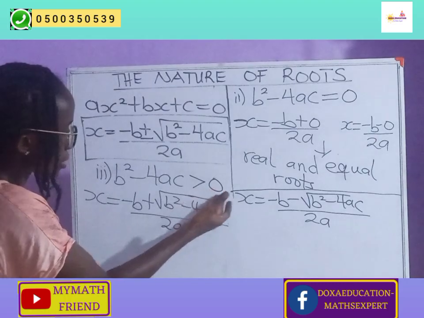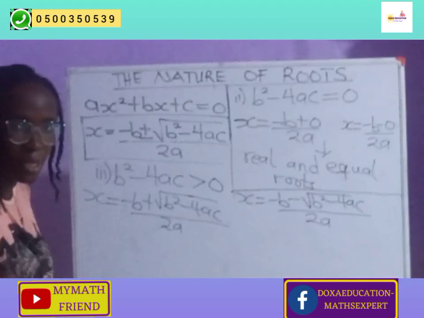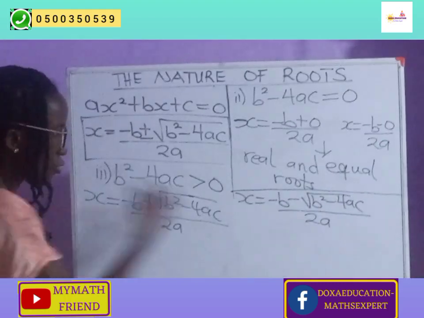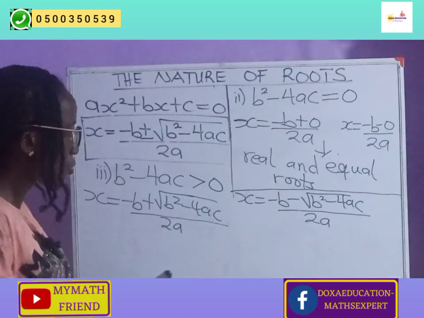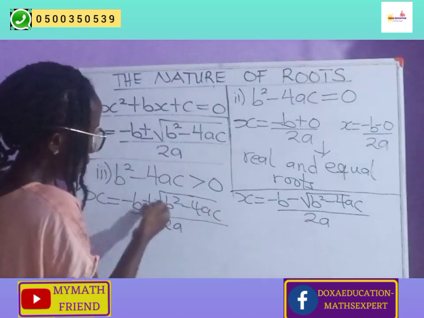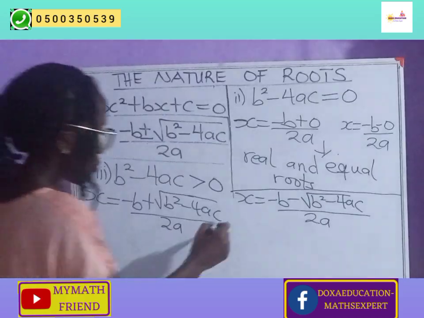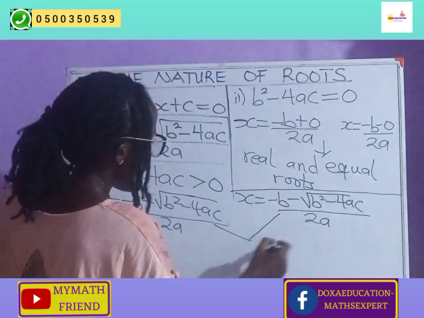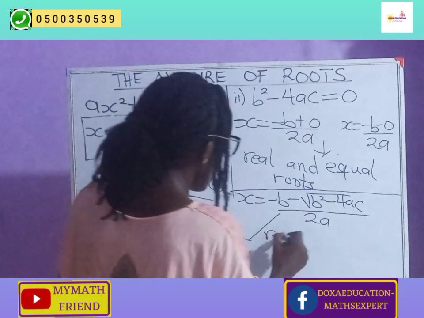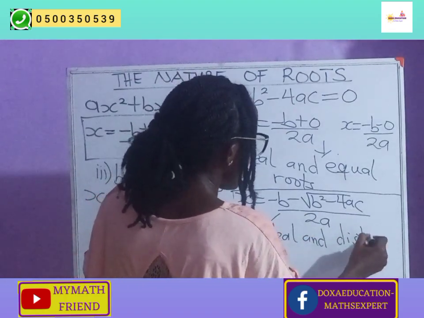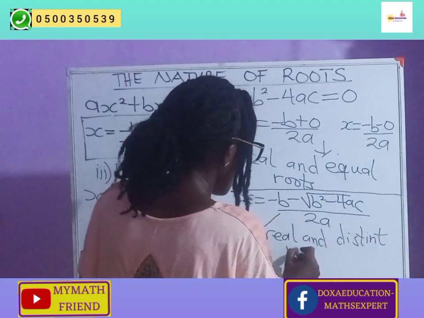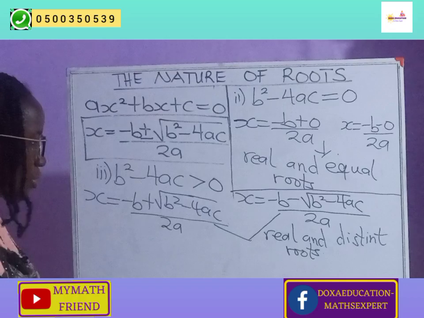So when b squared minus 4ac is greater than 0, two roots exist, they are real, and they are different. It's plus and minus. So in describing the roots, we say that they are real and distinct roots. Good.